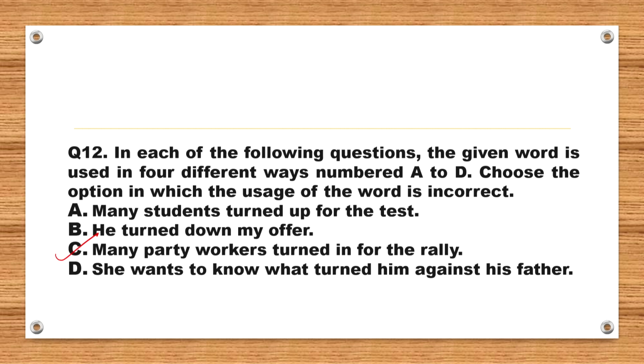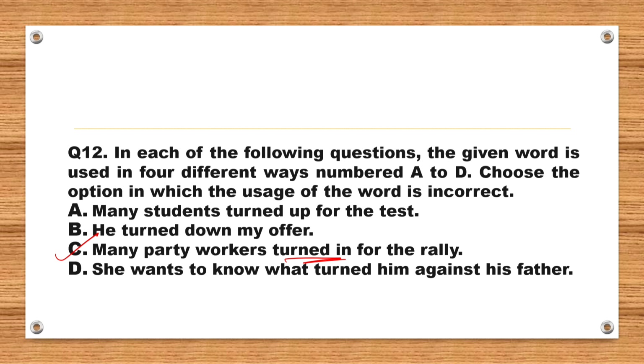So, as you guys can remember, we did all these phrasal verbs when we were discussing the phrasal verbs formed with the verb turn. So, the phrasal verb turned in means to go to bed. For example, it's 10 o'clock, let us turn in. Hence, its use is inappropriate over here.